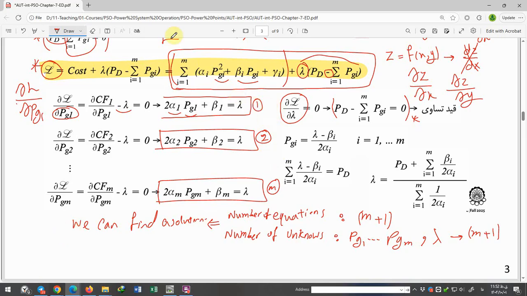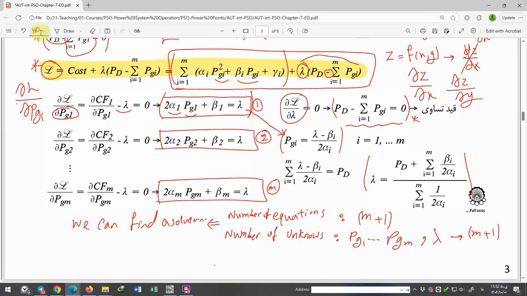In each equation, called number 1 to number m, the pg can be calculated like this, and after substituting pgi into this balancing equation, we can get the amount of lambda.